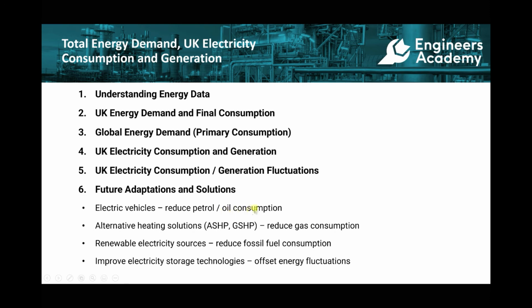So if we can reduce our oil consumption and our gas consumption, the knock-on benefit of that is that we'll also be producing less CO2, which is one of the contributing gases to the greenhouse effect. We've already mentioned that the UK government's aim is to decarbonise the power sector by 2035, and in doing so, we're going to reduce our fossil fuel consumption, but we're also going to reduce those CO2 emissions.